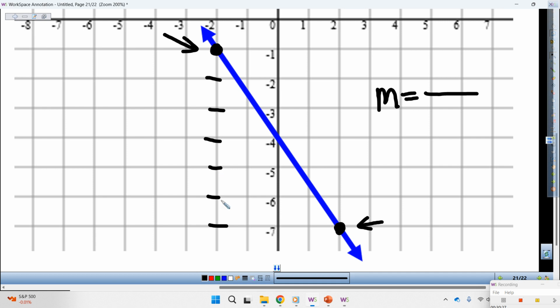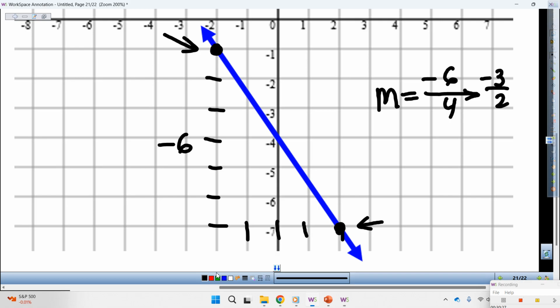No, it's 6 steps, but in what direction? -6. That is correct. -6. Okay. And then 1, 2, 3, 4. And this in lowest terms would be what, everyone? -3 over 2. All right. Hands if you got something like that.